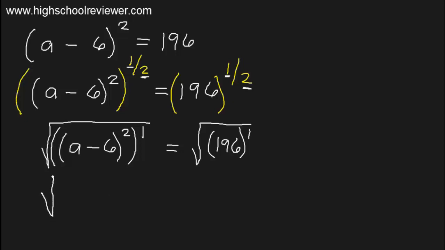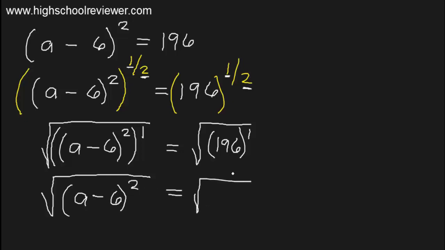So this will be equal to, since this is 2 times 1, that would still be equal to 2. So we will have here a minus 6 raised to 2. And this will be the square root. So the square root of 196 will be, okay, so later we will write the value.